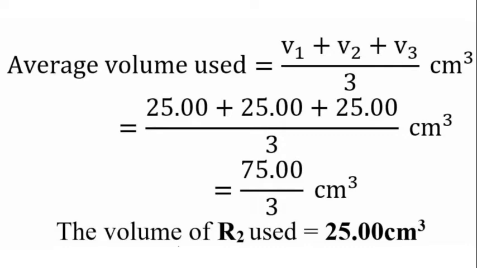That is 25 plus 25 plus 25 divided by 3. It means 75 divided by 3. The volume of R2, which is acid, is 25. Then after calculating the volume used of acid, let's proceed with answering the other questions.